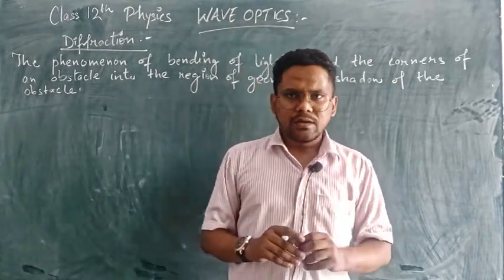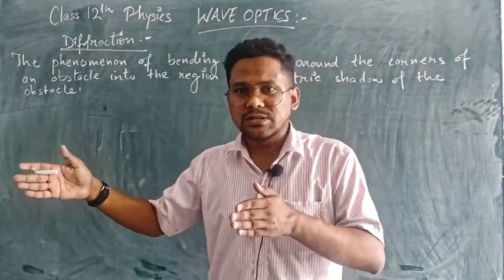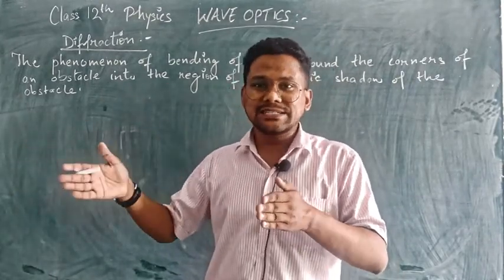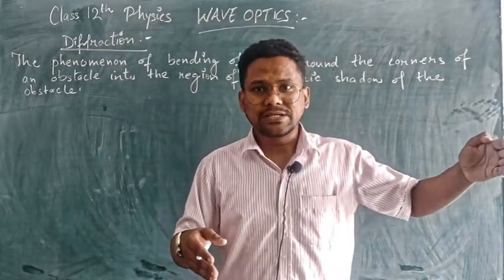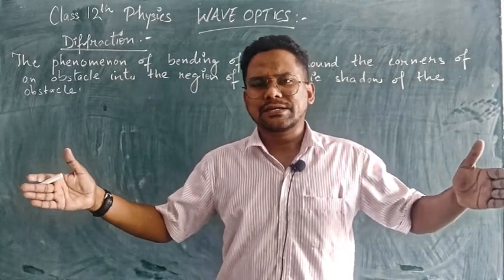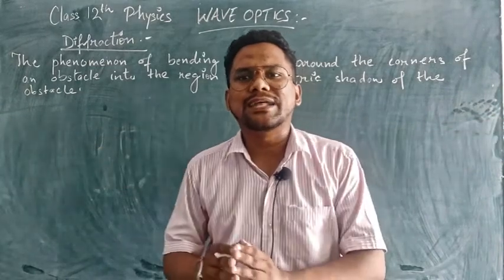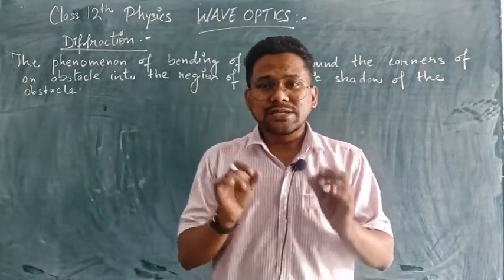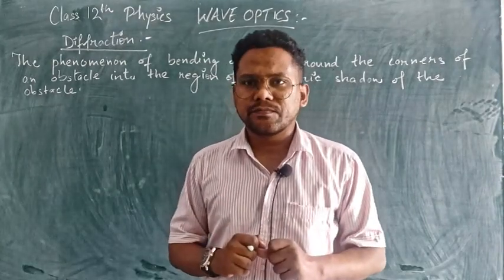Suppose I have a slit as an obstacle, so either my source is at finite distance, or my screen on which I will find the image is at finite distance, or both. It cannot happen that the source as well as the slit are both at infinite distance. So this type of diffraction is called Fresnel diffraction.